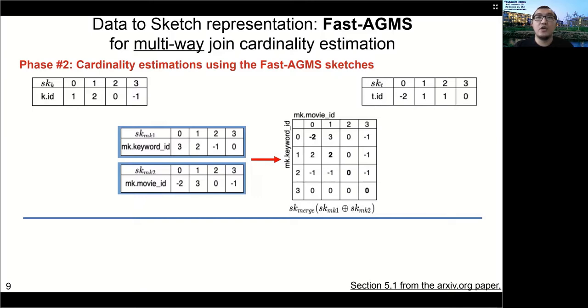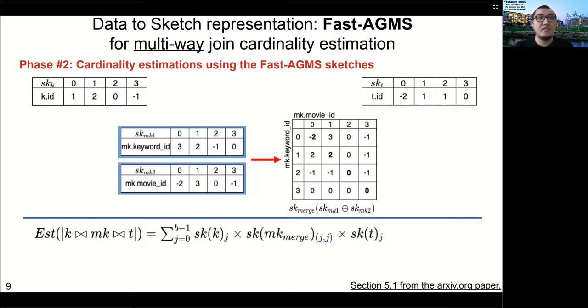Therefore, we use an alternative way of merging the sketches that produces a single merged vector based on the inclusion principle. The intuition behind taking the minimum of the corresponding bucket values from both sketches of MK is that the number of tuples that connect with all the joining tables is at most the minimum of the corresponding two bucket values.